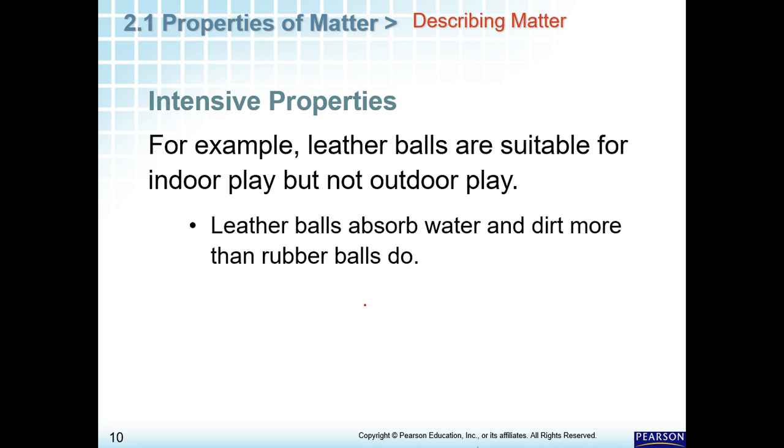The reason for this is leather balls have a higher absorbency, and so they're going to absorb the water and dirt that you pick up outside. This causes those basketballs to get very grimy and wear down, picking up smells, and oftentimes you have to throw those out. Rubber balls, on the other hand, do not absorb the water and dirt outside, and they're very easy to clean off. So these are the more likely choice to play outside.